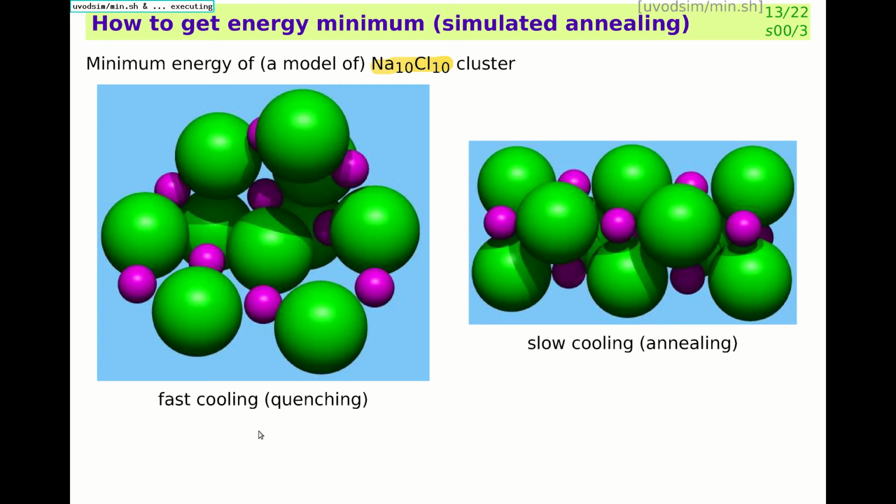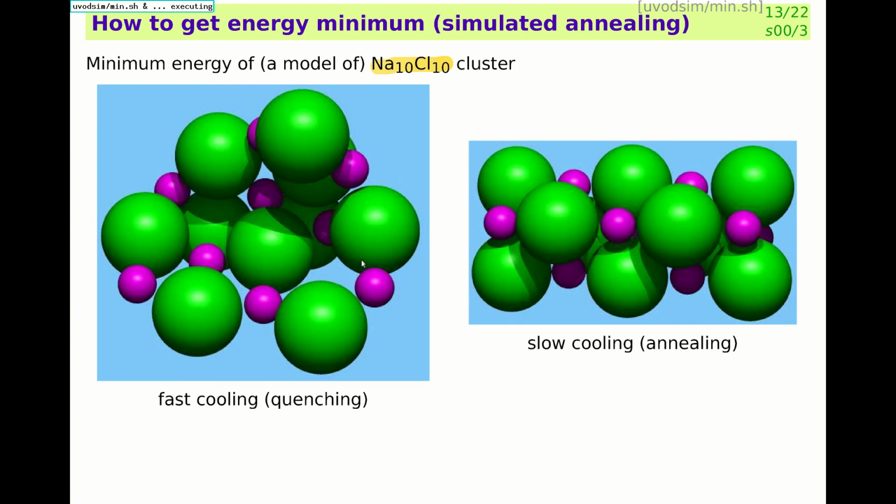The first method of fast cooling is called quenching, or sometimes greedy algorithm principle, or in minimization generally these algorithms are called greedy, which go to the nearest minimum.